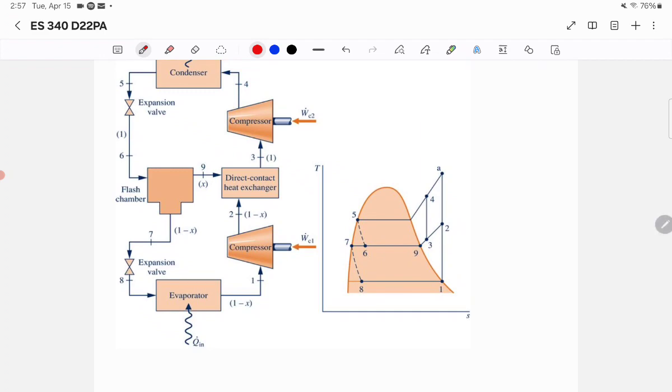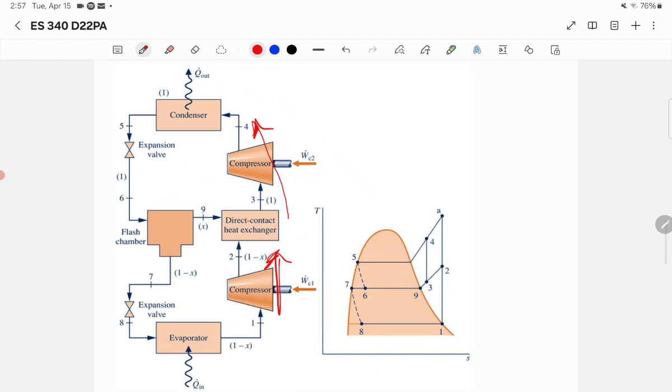Notice that you go through a compressor here, then you go through a heat exchanger, and then you go through another compressor. What makes this slightly different is as you go around the cycle, you have this flash chamber step.